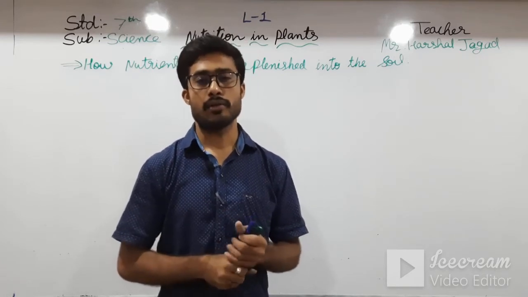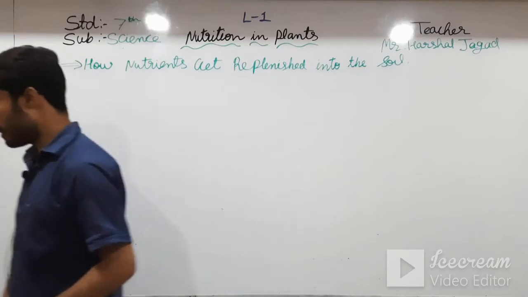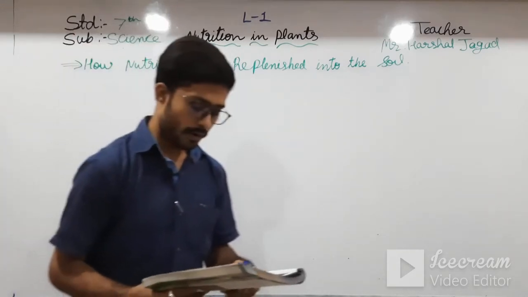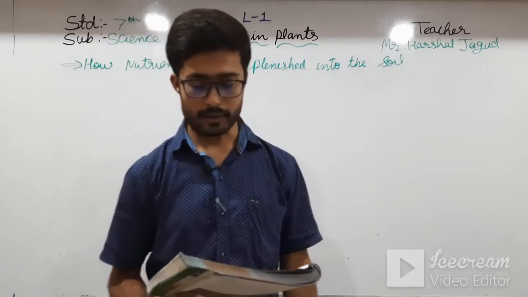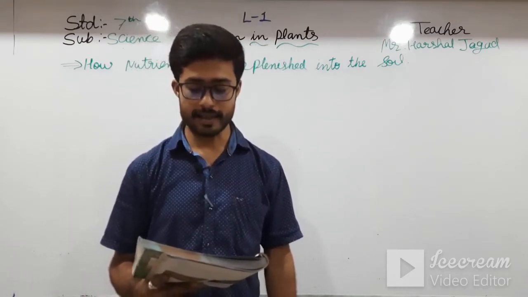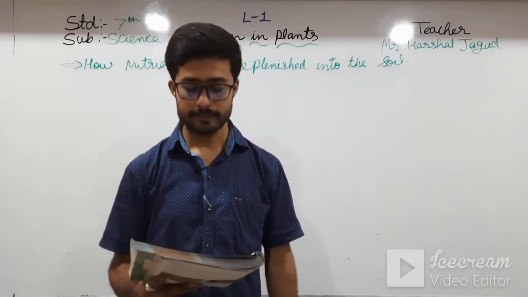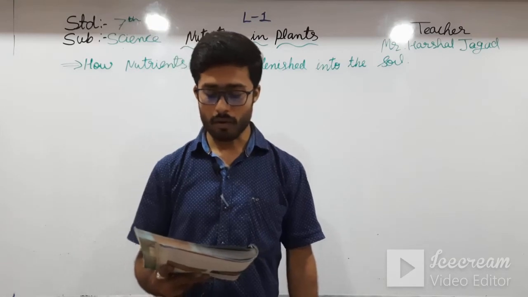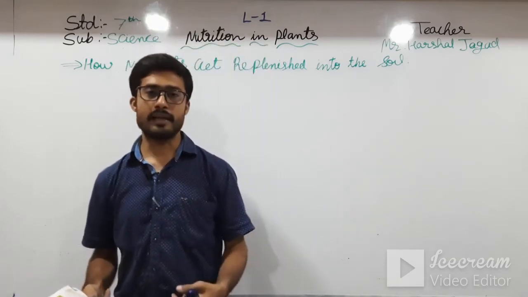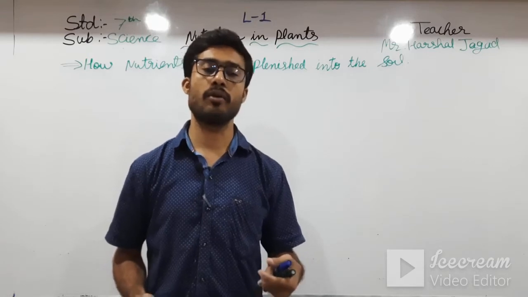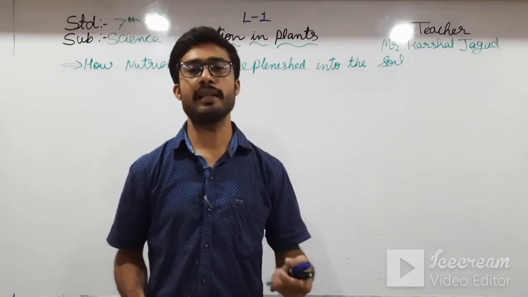Okay students, so let's go further. Manure is a rich source of an organic matter called humus and certain nutrients, whereas fertilizers are chemical substances which are rich in one or more nutrients. I have told you students that fertilizers contain one or more nutrients in them.